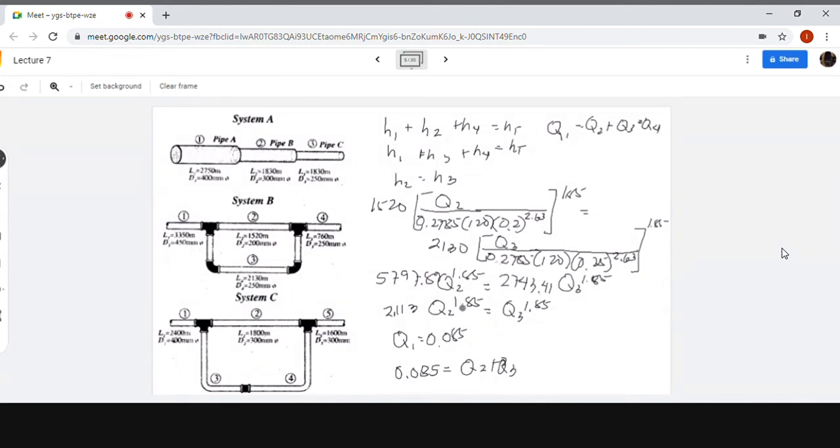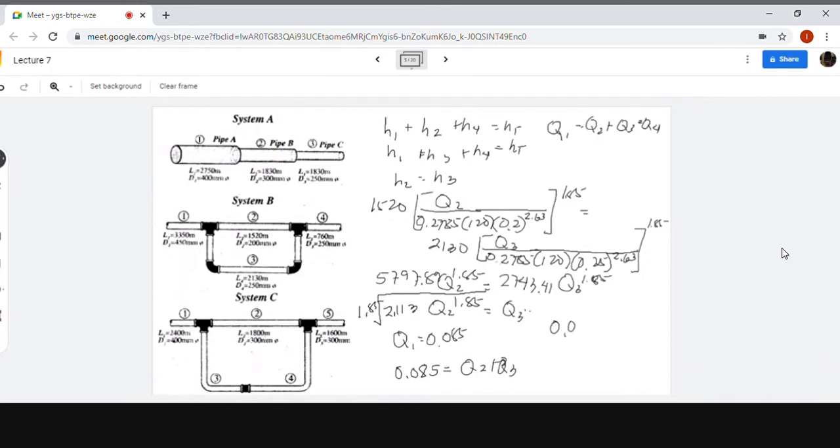So we are going to find Q2. We have this as the 1.85 root of this, around Q3. Then we substitute Q3 here, so we get only Q2.